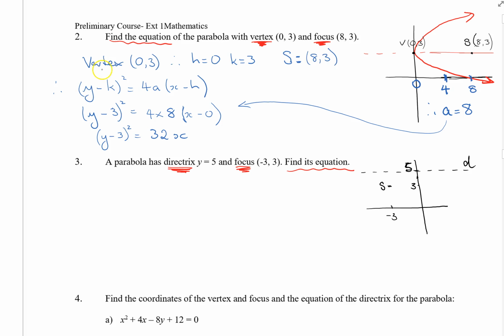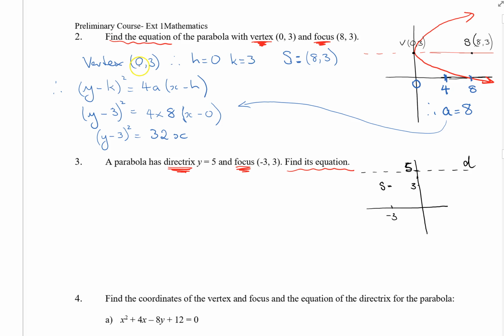So at that stage, after having written down the information that's given, we would have decided on the format for the equation that we need, and it's this: y minus k all squared is 4a times x minus h. So now it is a matter of subbing in. Now we don't want to get that wrong because this is the easy part. So it's y minus, our k value is 3.